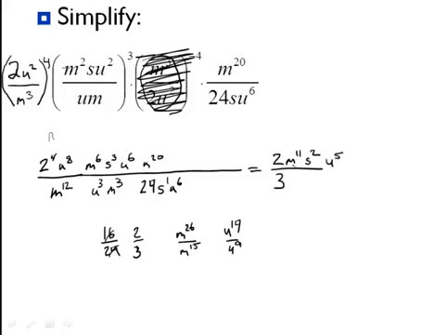So 2 m to the 11th s squared u to the 5th all over 3, or another way of writing that without having a big fraction would be just write 2 thirds times m to the 11th s squared u to the 5th. So tackling this thing one step at a time was the key, every step of the way using some sort of helpful property, or if we needed to, writing everything out.